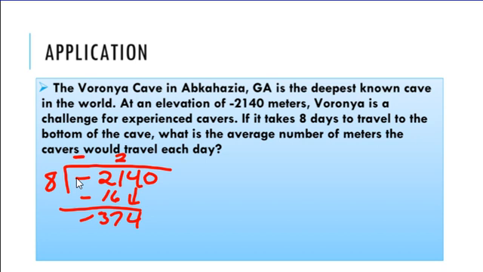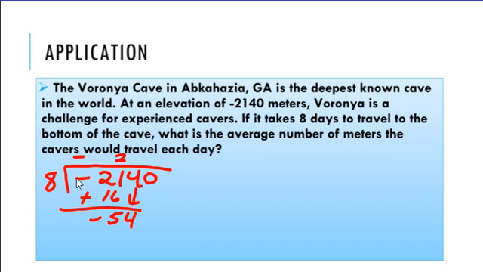Bring down the 4. Actually, it would be a positive 16 because we're multiplying 8 times a negative 2. Okay, so a negative 2 would be a positive 16. So if I add them, it gives you a negative 5, 4.